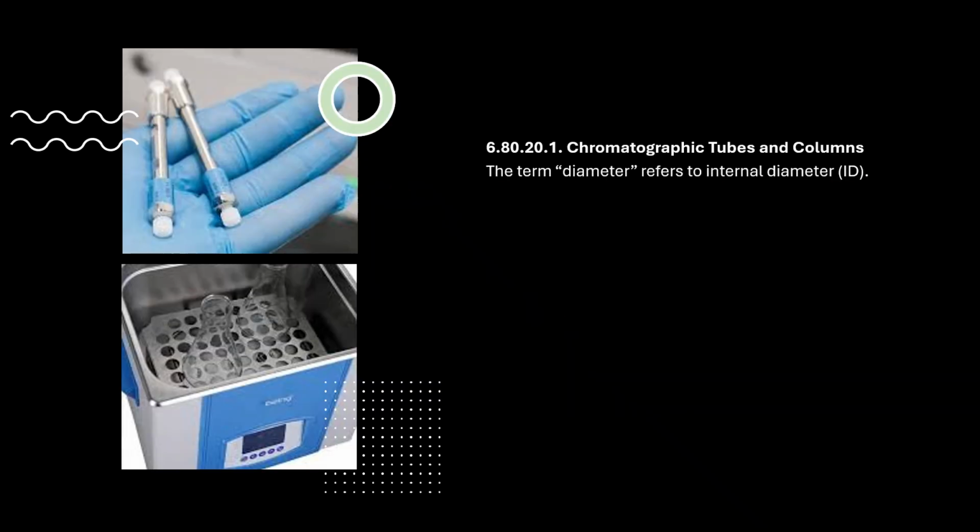So now next is 6.80.20.1, that is chromatographic tubes and columns. The term diameter refers to internal diameter, right? Next one is the tubing, that is 6.80.20.2. The term diameter refers to outside diameter, that is OD.